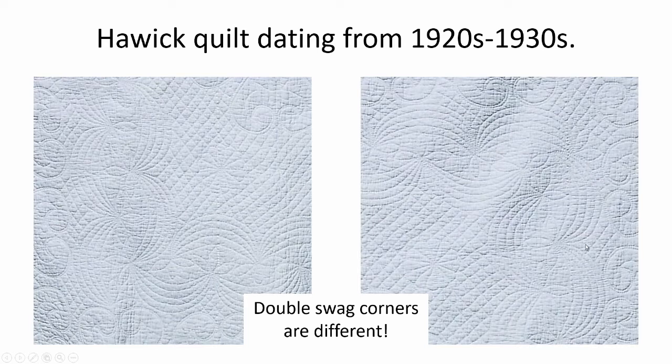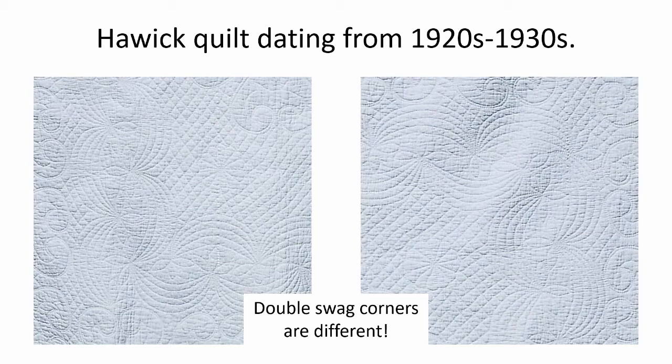For example, here the outer swag goes round like this, and then, as you might expect, the inner swag goes like that. Now compare that with what happens on the other side. Here, the outer swag joins onto the end of the inner swag, so the corner is different.